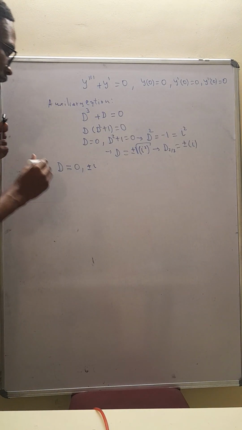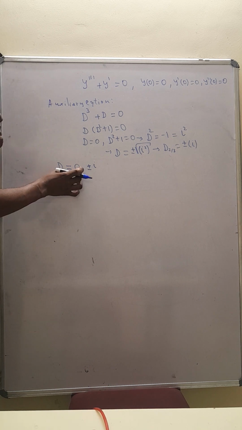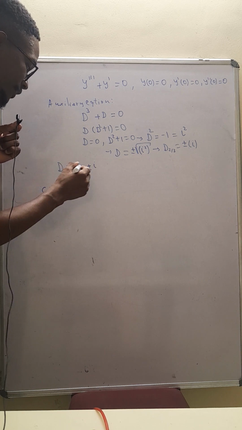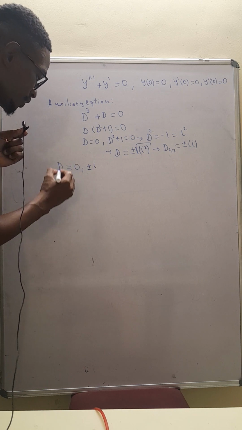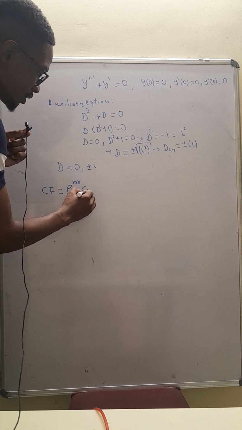Now see, here I have to combine. The solution will be one real number that is different from each other. So for real numbers that are different, we know that the solution will be Euler raised to mx times C1.